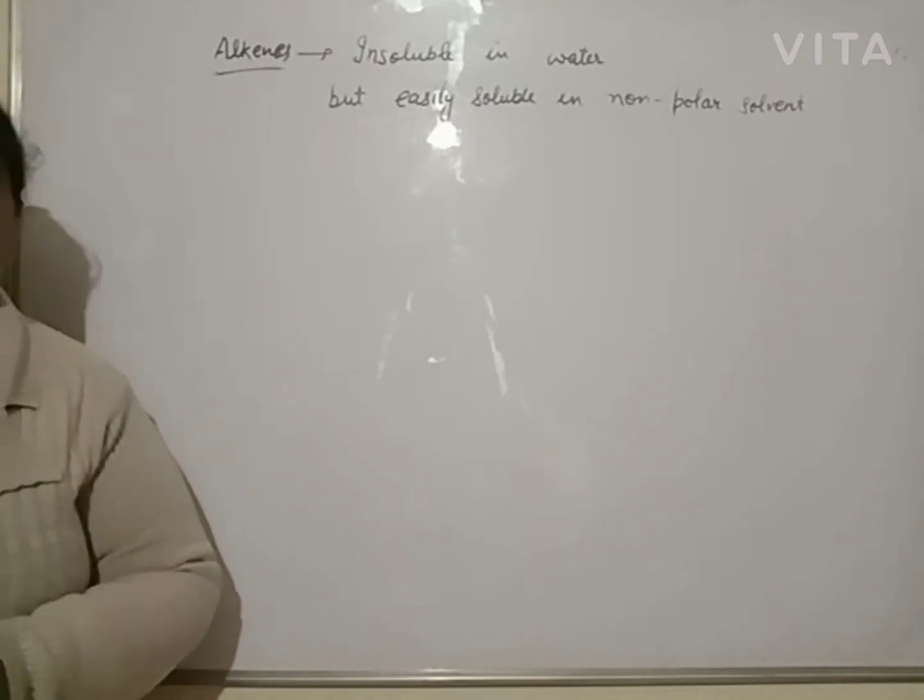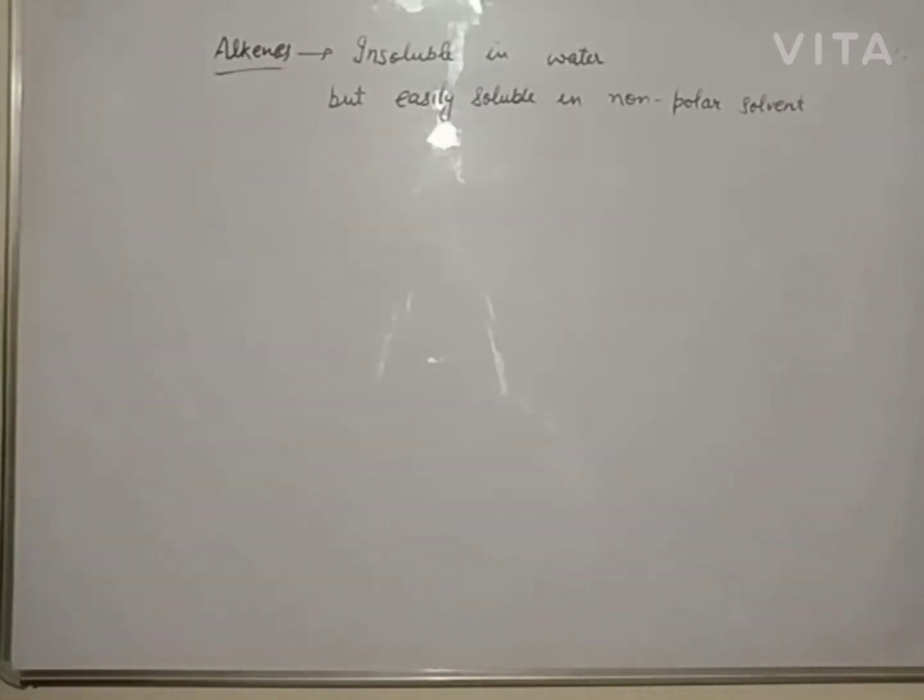After preparation and physical property, what are the chemical properties of alkenes? Beta, alkenes have addition reaction. Substitution reaction is generally not shown by alkene. Substitution reaction is generally shown by alkane. Clear?